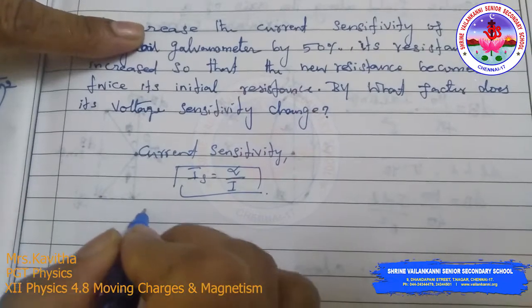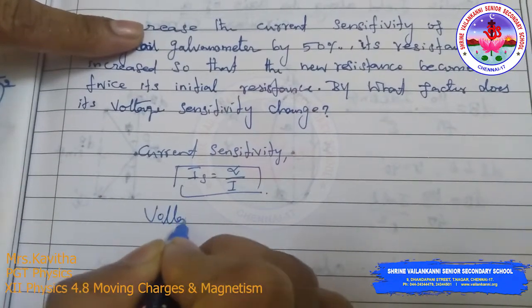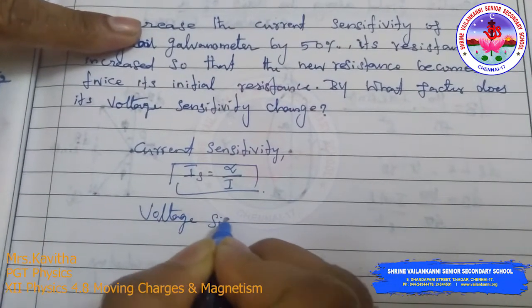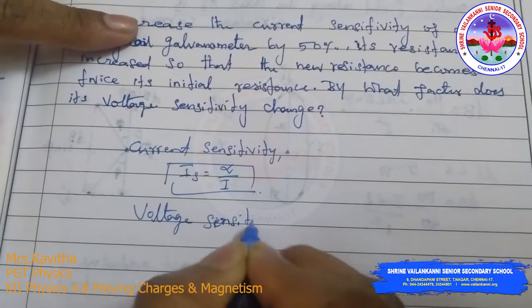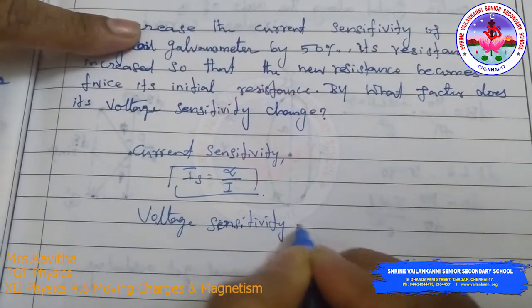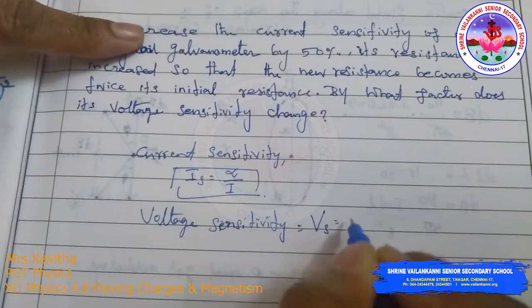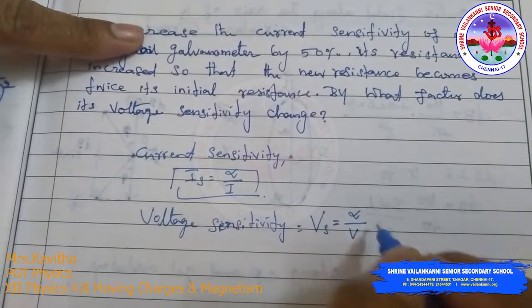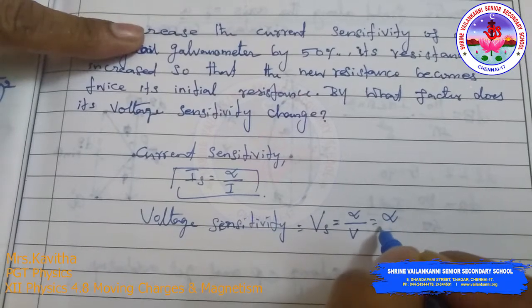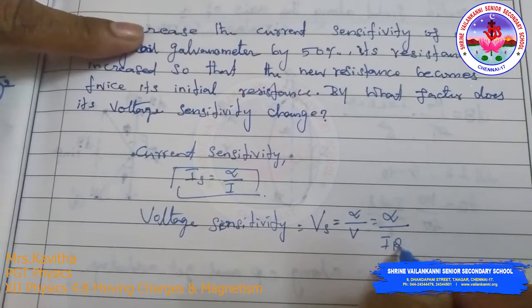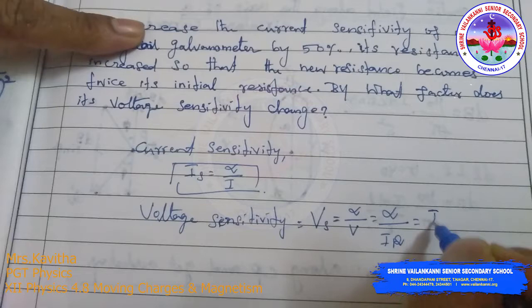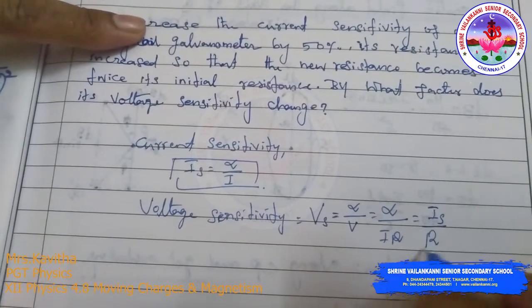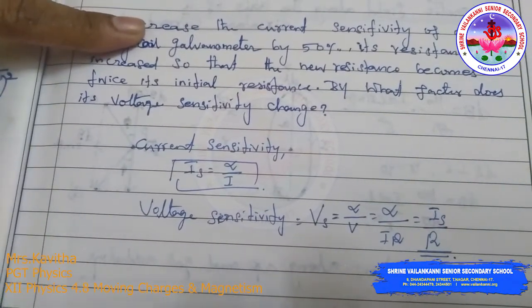And the voltage sensitivity Vs is equal to alpha by V, or we can say alpha by IR, or we can say Is by R. We can relate it with the current sensitivity.